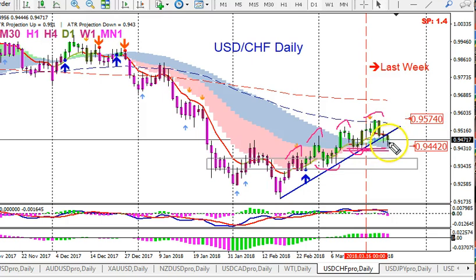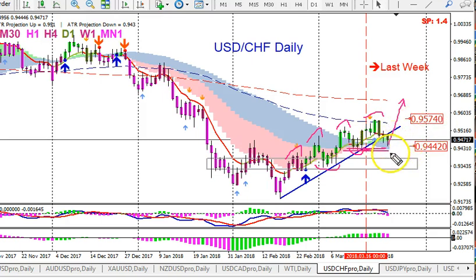See this Friday's candle? It's kind of a bearish pin bar, but again, we have green above blue. So when we have green above blue, we are waiting and looking for a trend continuation to the upside, and if that's the case, then you could look at buys above 0.9574.